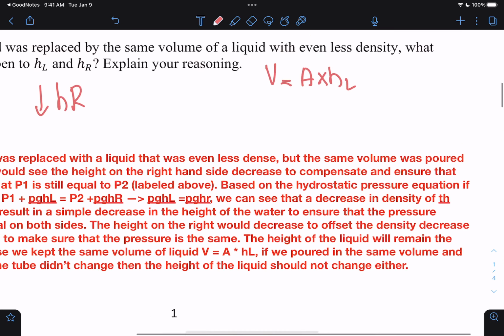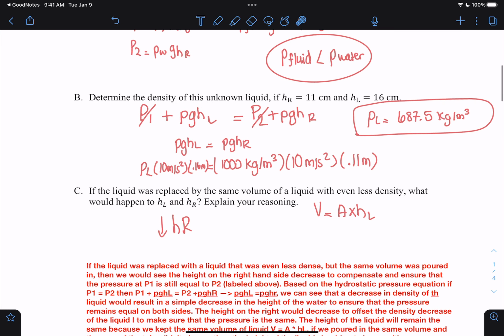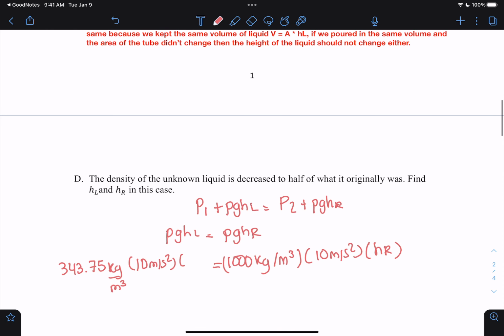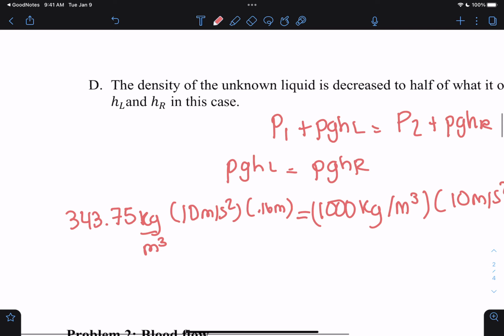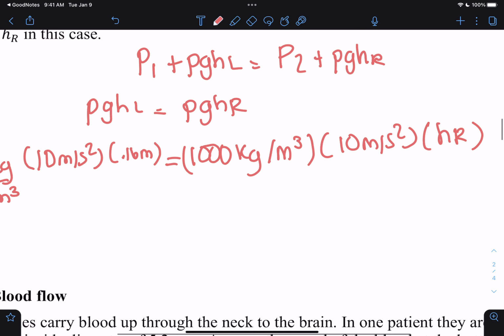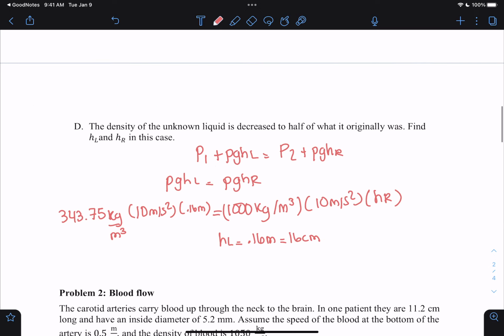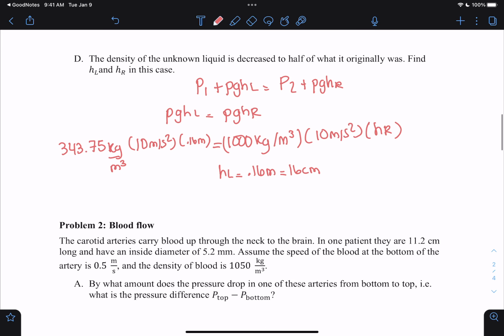And then we maintain that same height on the left-hand side, which was 16 centimeters, right? So that's 0.16 meters. So if we go ahead and solve, we can see then HL will maintain the same, 0.16 meters or 16 centimeters, because we're putting in the same volume. We're just messing with the density.